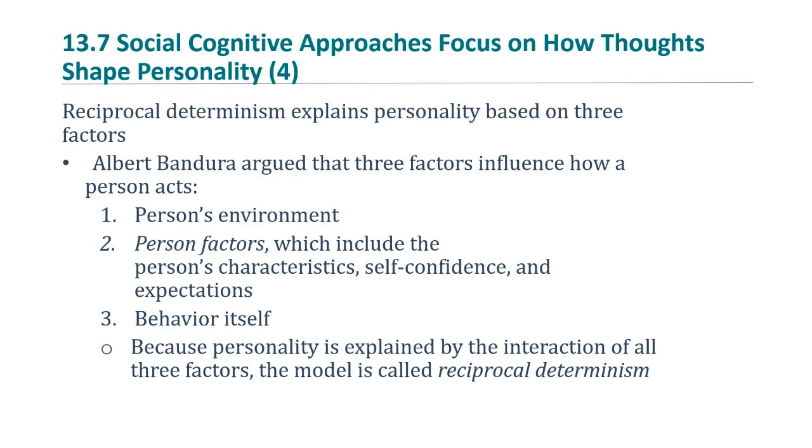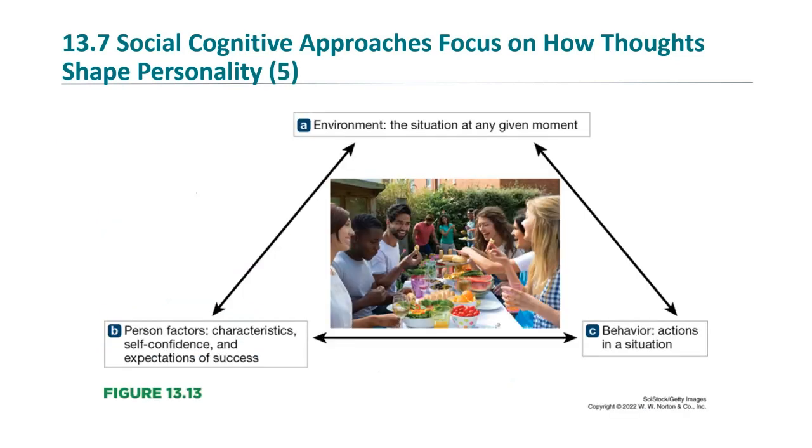And we have actual behavior itself. Because personality is explained by the interaction of all three of these factors, the model is called reciprocal determinism. So the determinism part of that comes from, these are the three factors that determine your personality.